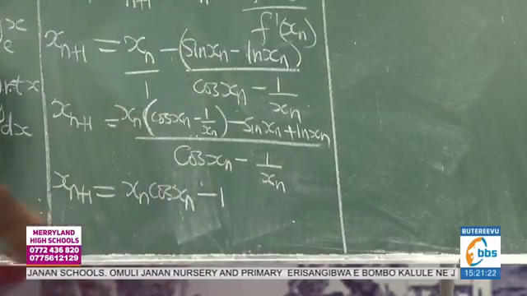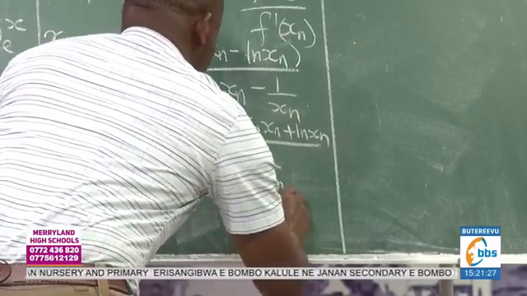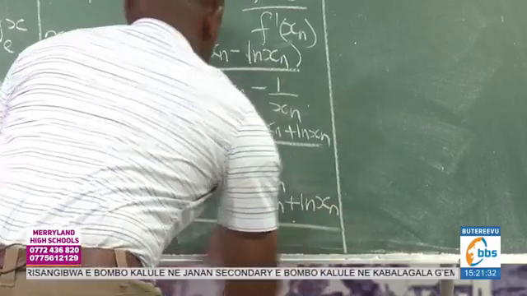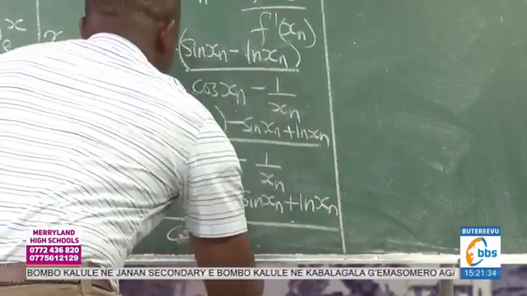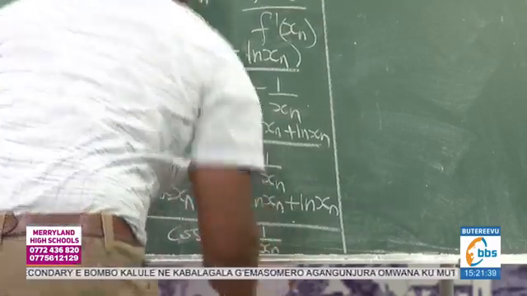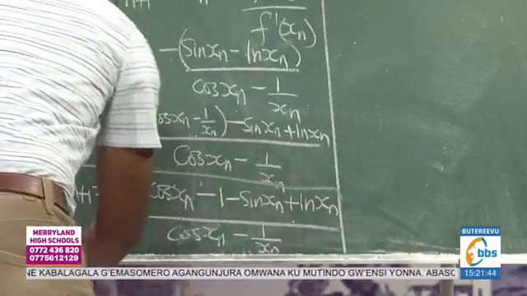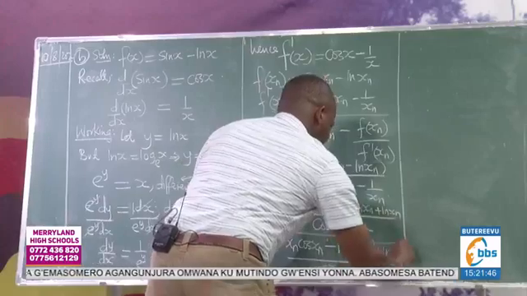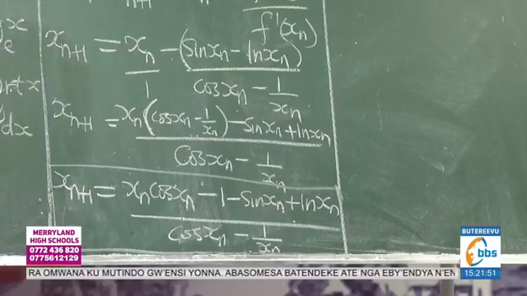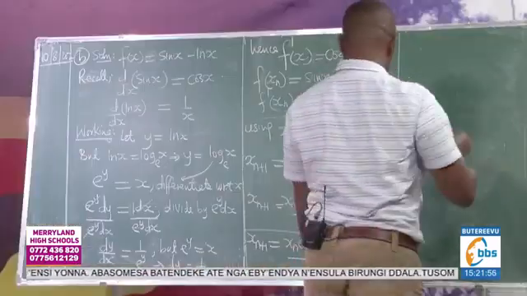These times this will give us 1 minus the sine of x_n plus the ln of x_n, everything over the cos of x_n minus 1 over x_n. We shall leave our expression here. This is the expression we shall consider to be the formula that we are going to use.